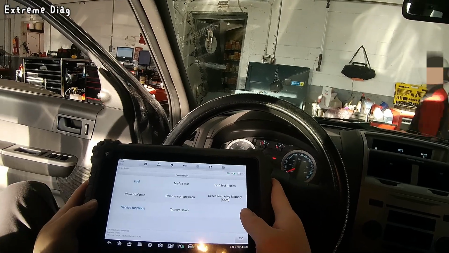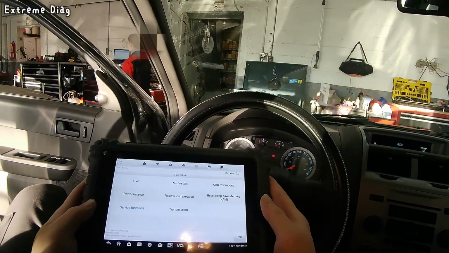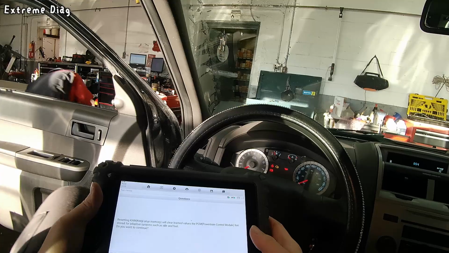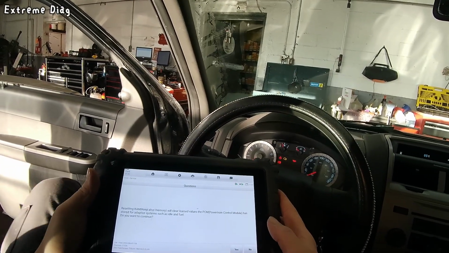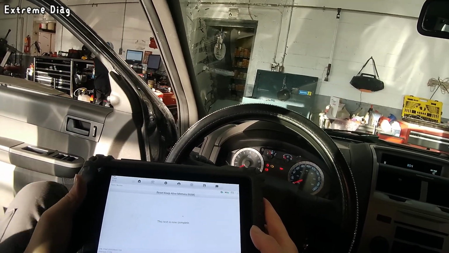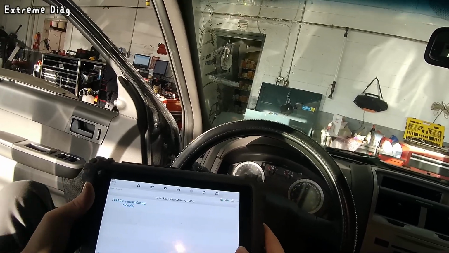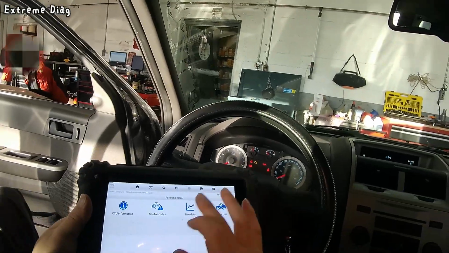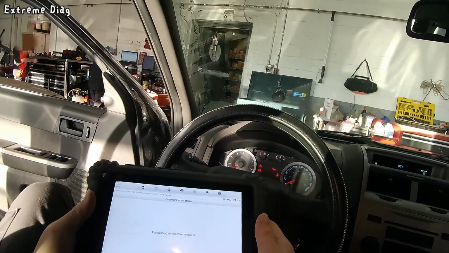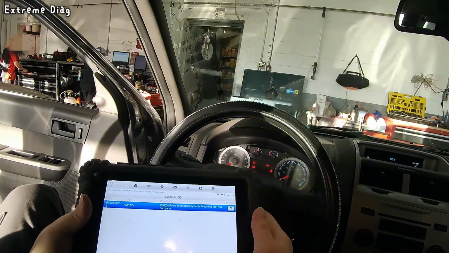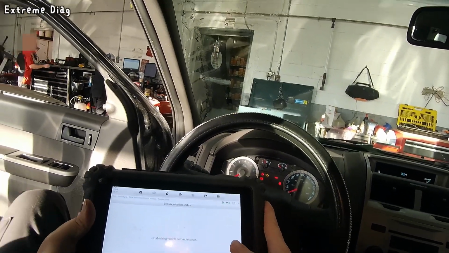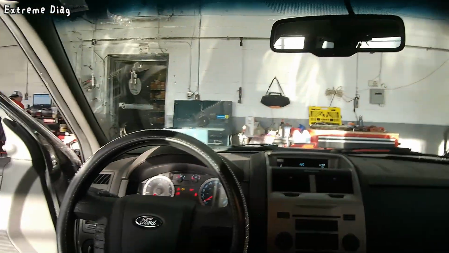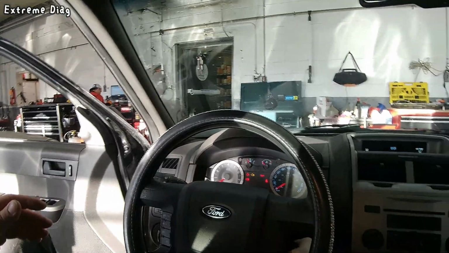After replacing the throttle body, reset the PCM using the scan tool. Also, double-check error codes. This completes the repair.